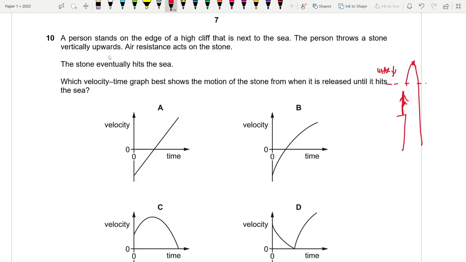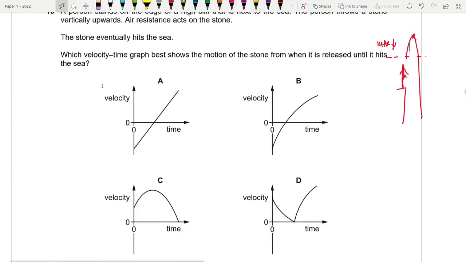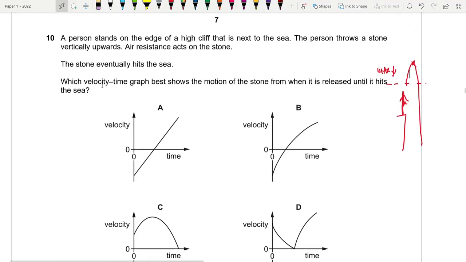So what's wrong with A? It can't be A. It can't be a straight line because air resistance is acting. If air resistance was not acting, this was a possibility. So the line has to be curved. That's the first thing, since air resistance acts on the stone.